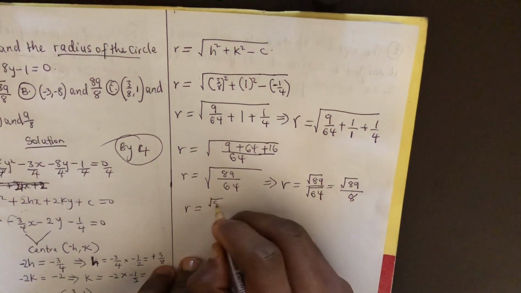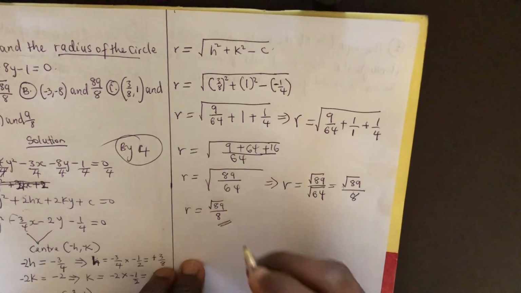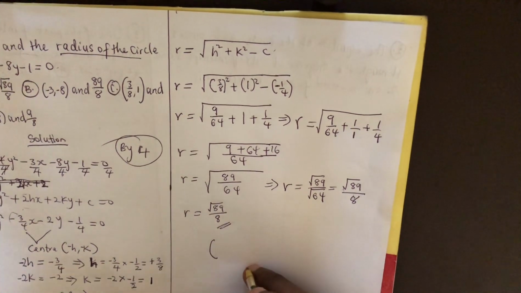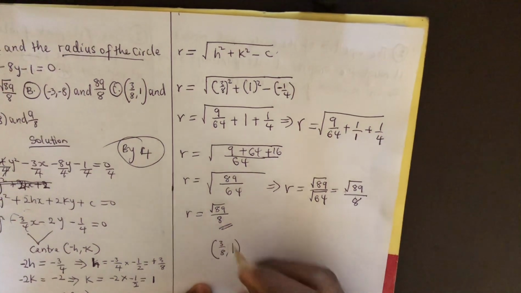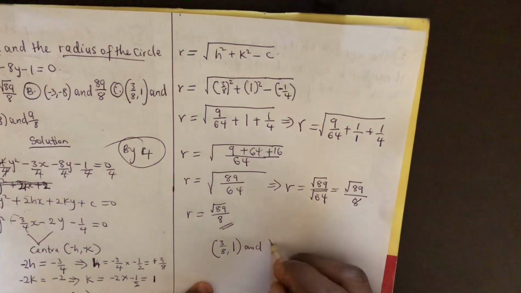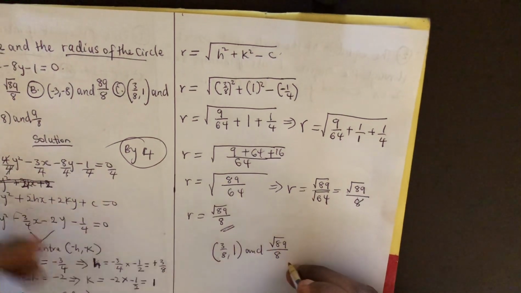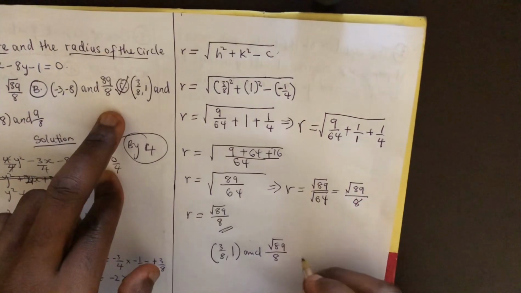So our radius is the square root of 89 divided by 8. In combination, we now have our center to be 3 over 8 and 1, and the radius to be the square root of 89 over 8. So the right option is option C.